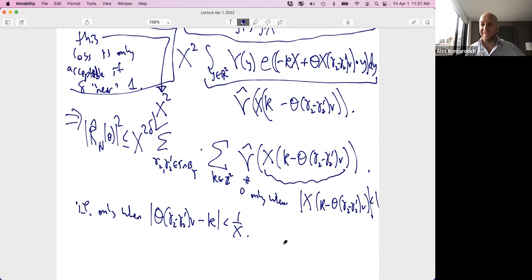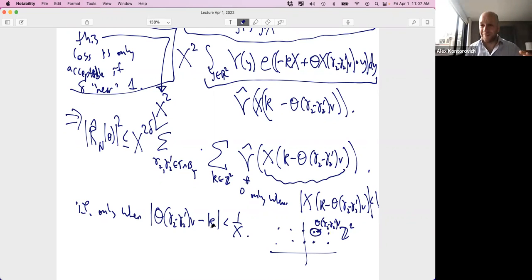This theta times gamma 2 minus gamma 2 prime v is some vector in the plane, and it has to be within 1 over x of some lattice point in Z2. That is a tiny ball around a single lattice point.